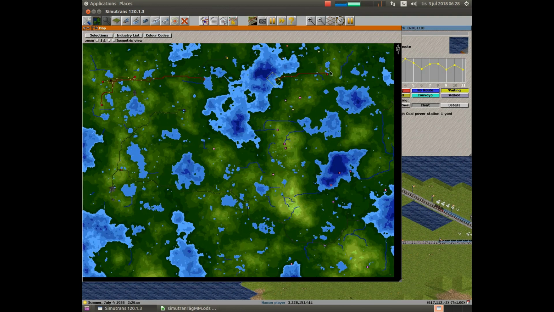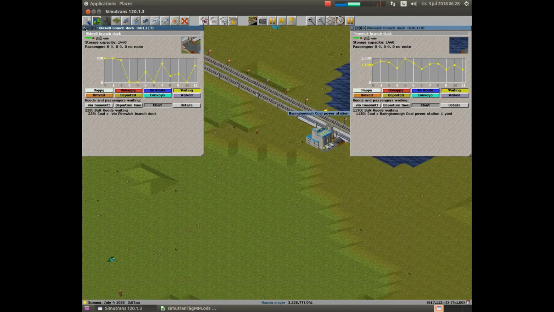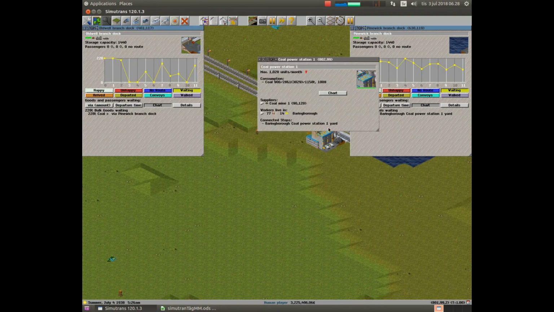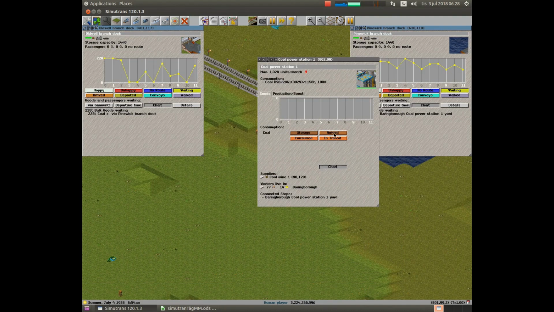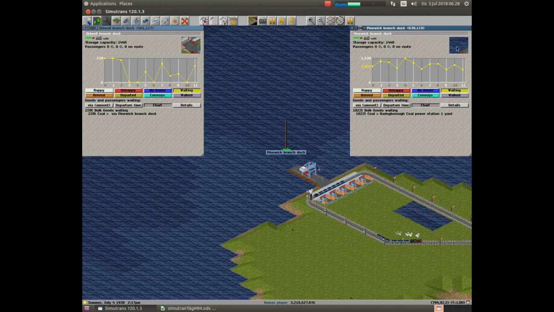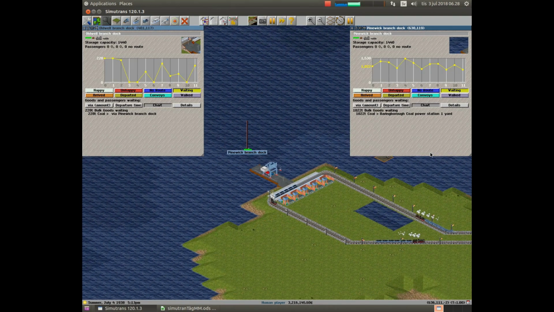If we move up to the power plant here, we see that the overall delivery of cargo is enough.